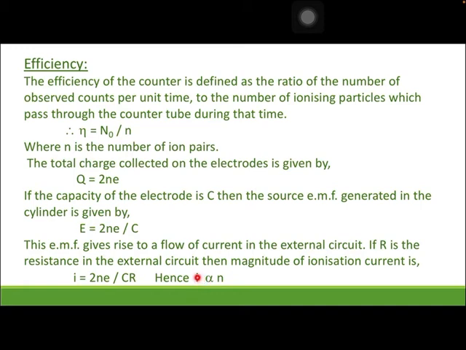But whatever current pulse is generated is of the order of milliampere, and therefore it is amplified by the amplifier, and then it is detected by the scaler. So amplifiers are used in the external circuit, and then the scaler circuit is used for detection. So directly you can observe the count rate on the display board of the counter.